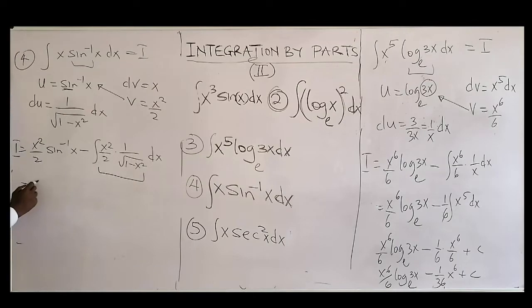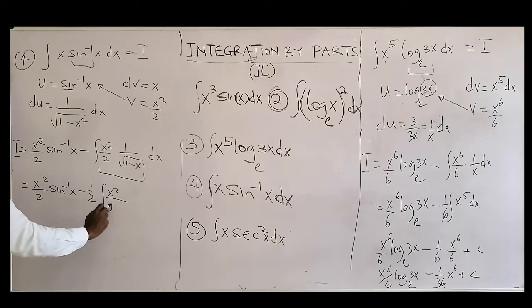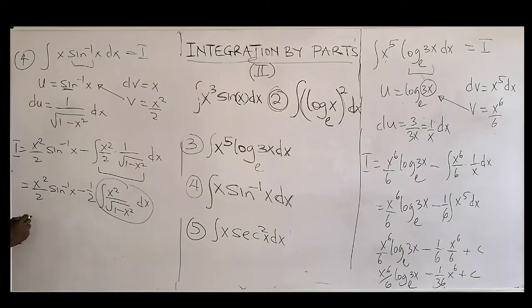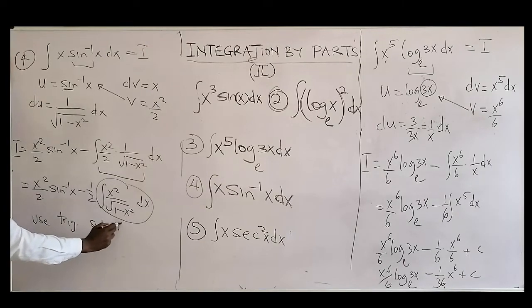But before that, let's take that 2 out: minus half into bracket, x cubed over the square root of 1 minus x squared. So I want to solve this integral using trig substitution. That's the method I want to use here.